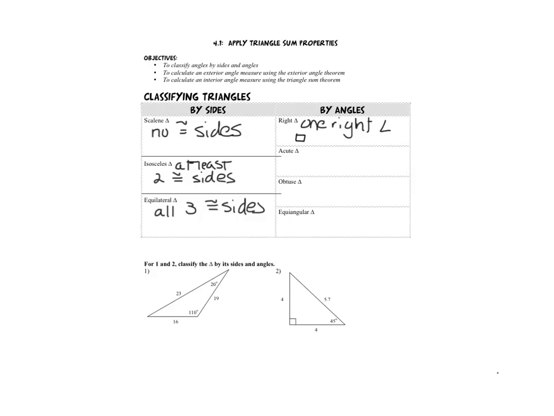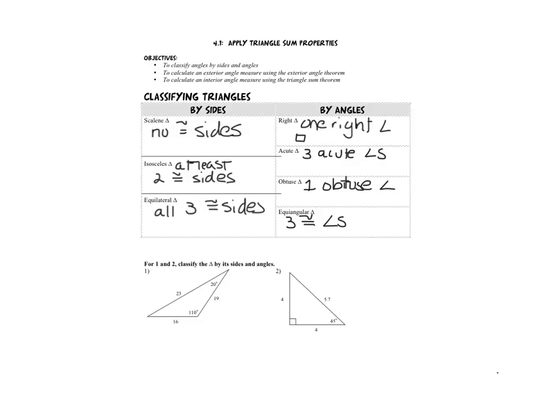An acute triangle has three acute angles, so all less than 90 but greater than 0. An obtuse triangle is going to have one obtuse angle. And then an equilateral triangle is going to have three congruent angles.